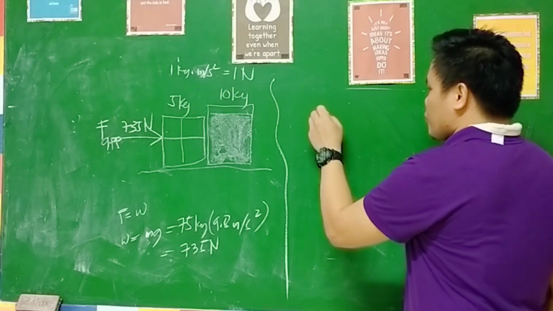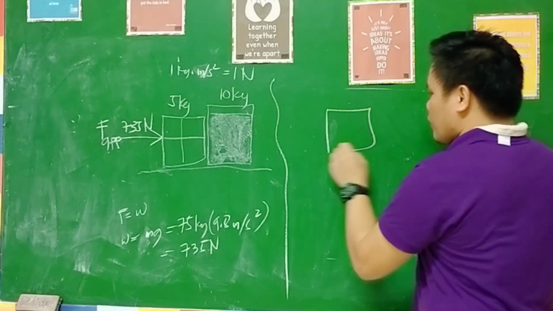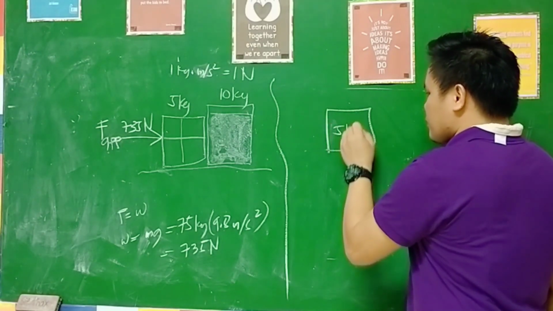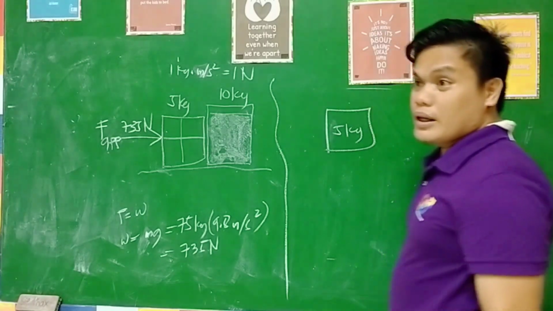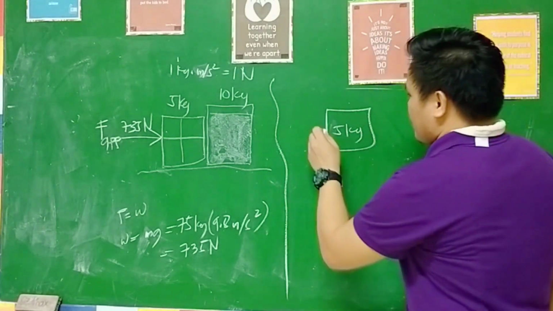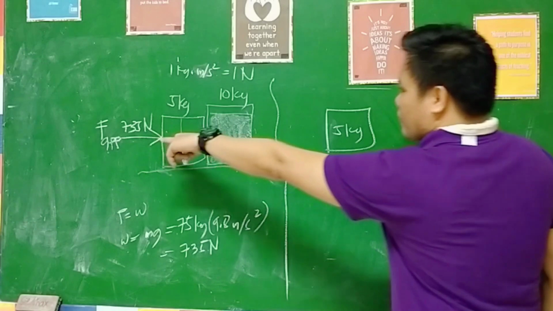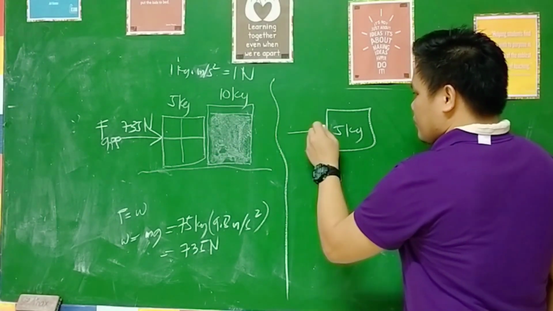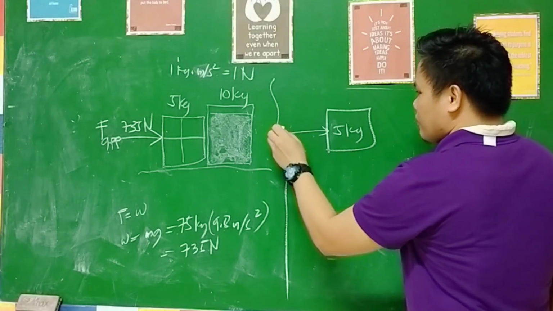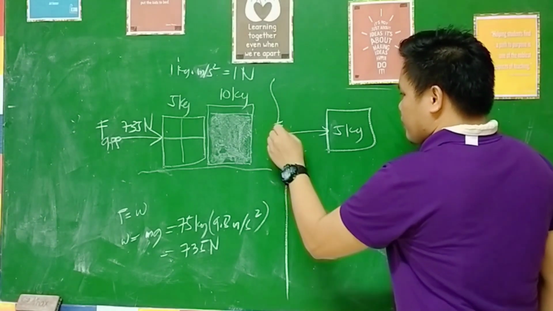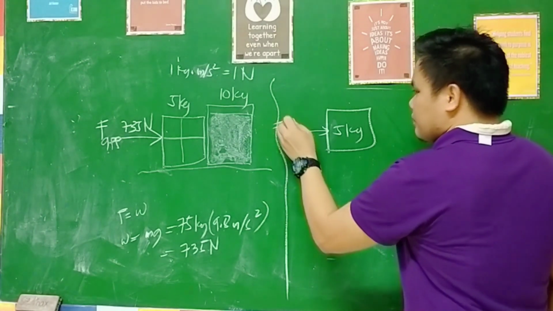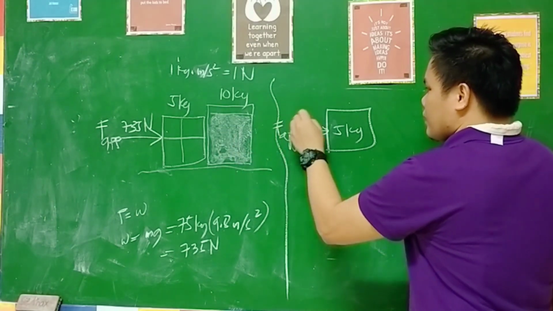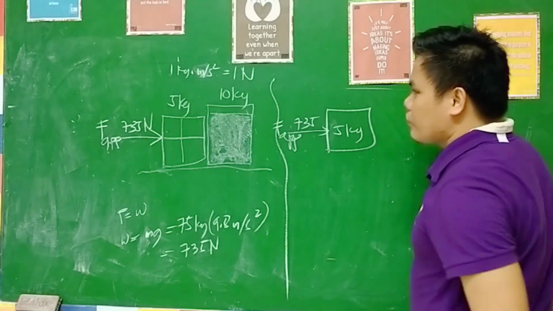So if this is your smaller box, which is 5 kilograms, by drawing the force diagram, this is my applied force, F, which is 735 Newton.